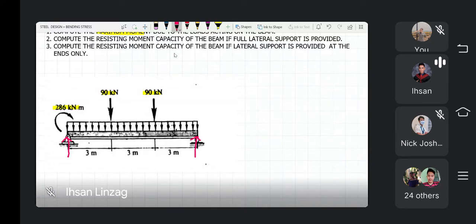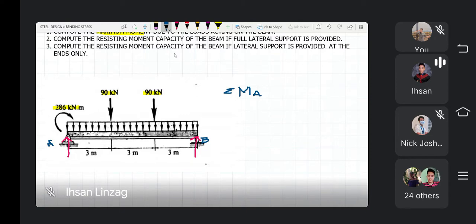So, we have here the reaction and of course, we also have here the reaction. Sabihin kong this is point A, at sabihin kong this is point B. So, para makuha natin yung reaction A at B, magsa-summation moment ako sa A. Pwede namang sa B, pero sa A yung gusto ko.